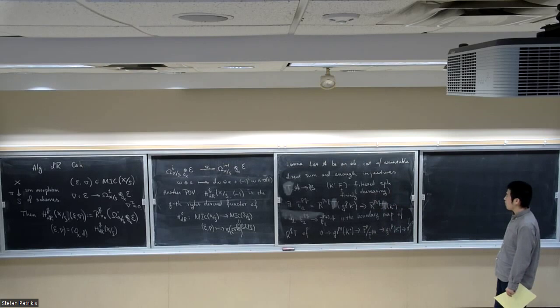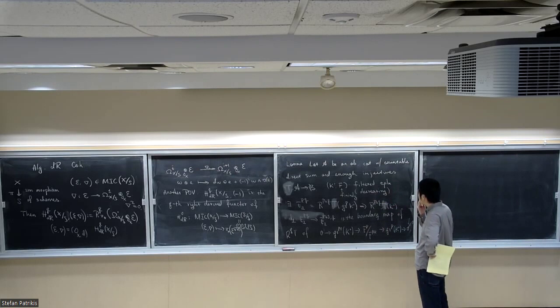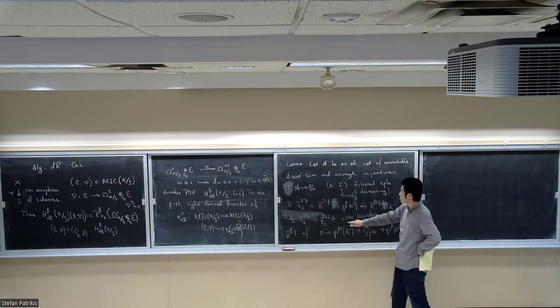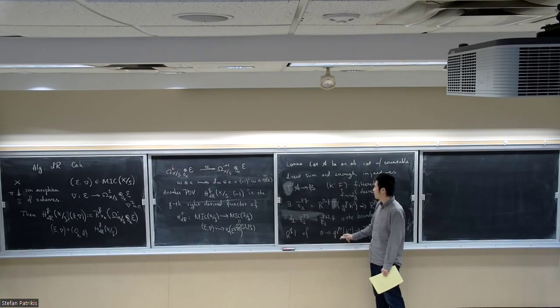The E1 page isn't R? Yeah, this is p, q, and this is p plus q.